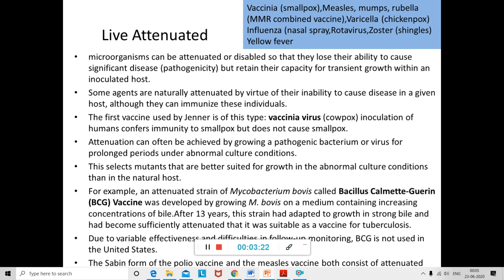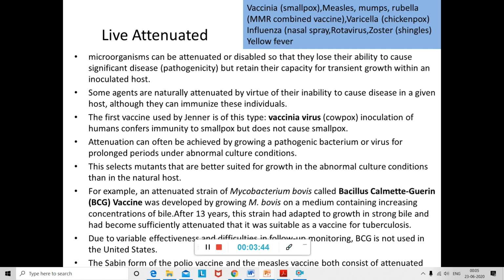That is, once it has been inoculated into a host, the immune response of the person is triggered. So the organism will be living, but it will be attenuated. And how do we attain this attenuation? By growing it in an abnormal culture condition so that it will not be able to cause virulence.